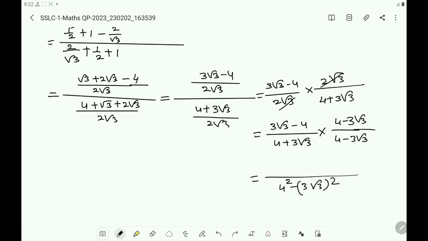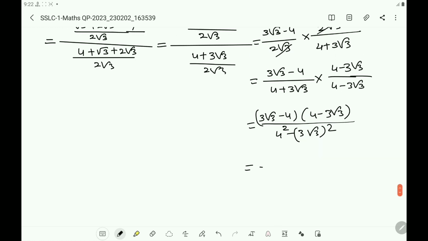Now the product in the numerator: 3 root 3 minus 4 in one bracket, 4 minus 3 root 3 in the other bracket. In the denominator, 4 square is 16. (3 root 3) whole square is 3 into 3, which is 9, 9 into 3 is 27.